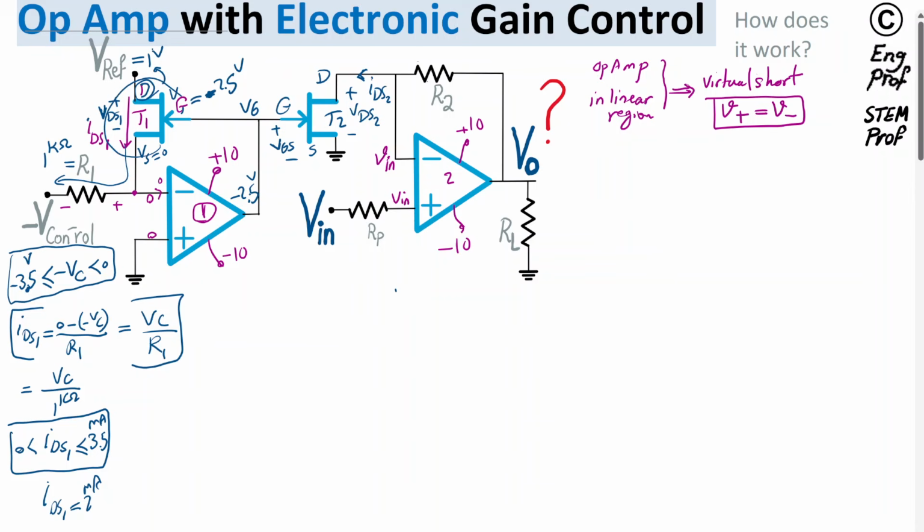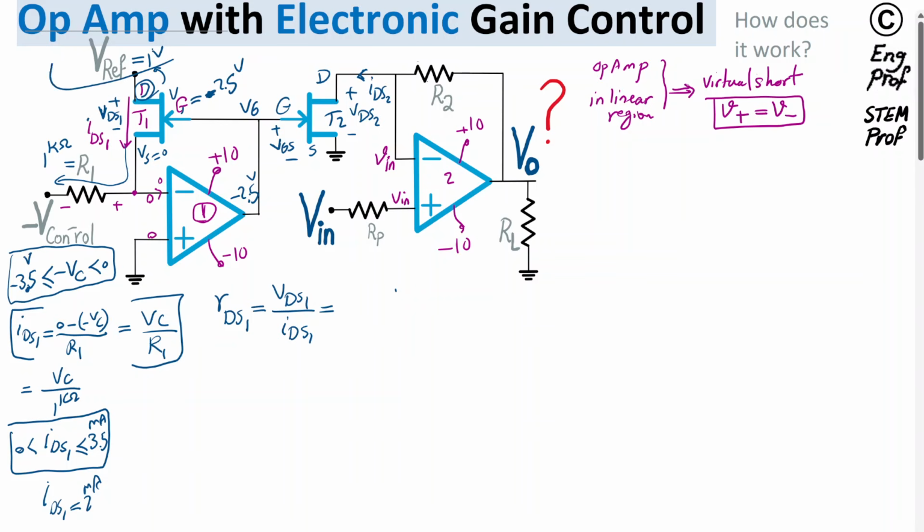To find the equivalent resistance, I need to divide VDS by IDS1. So that's the meaning of equivalent resistance. So RDS for transistor 1 is equal to VDS1 in this deep ohmic region divided by IDS1.